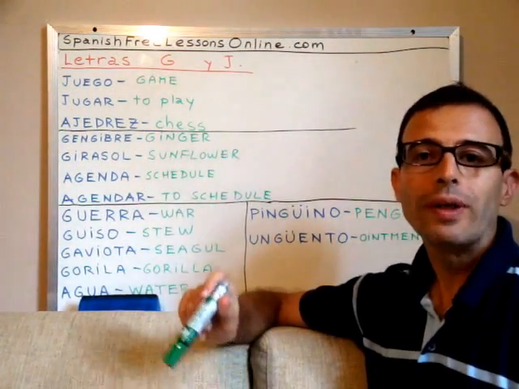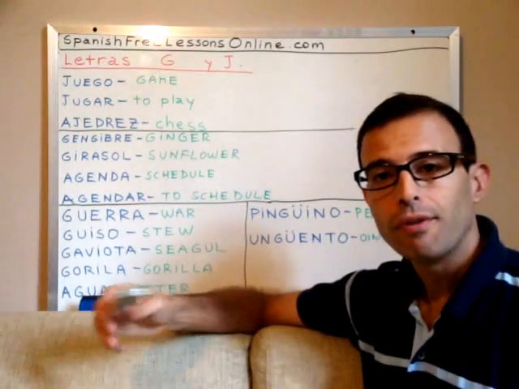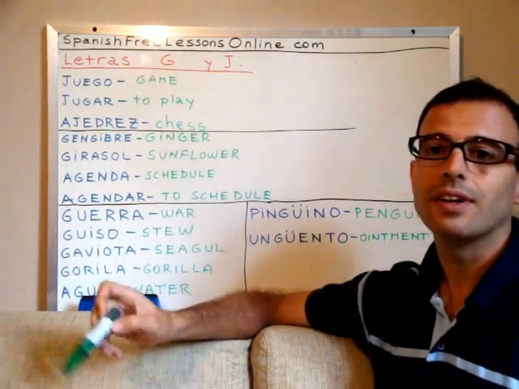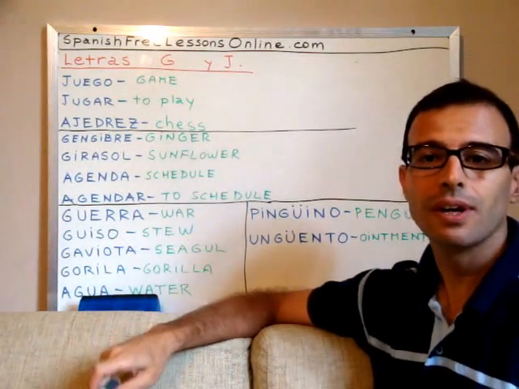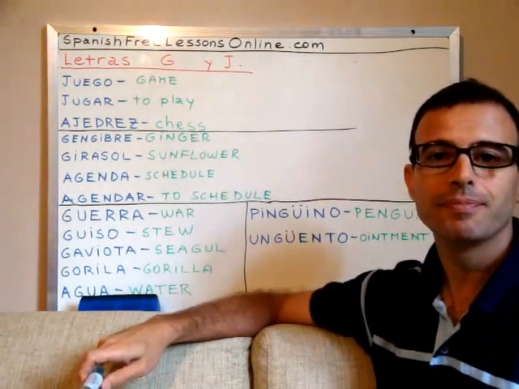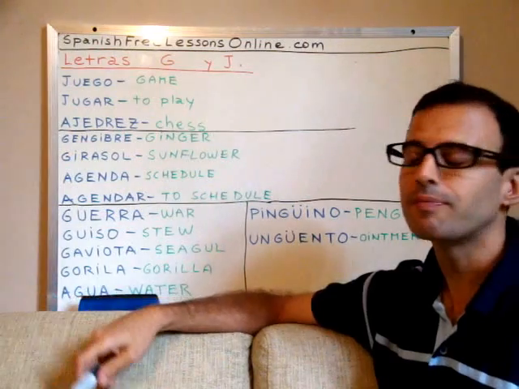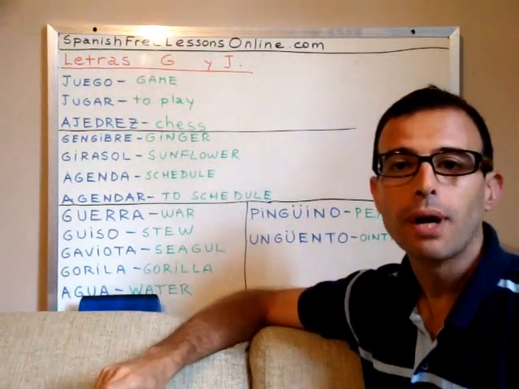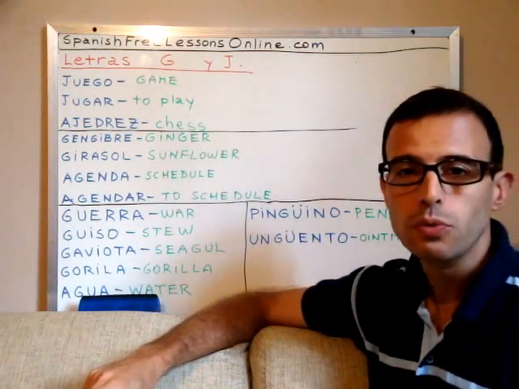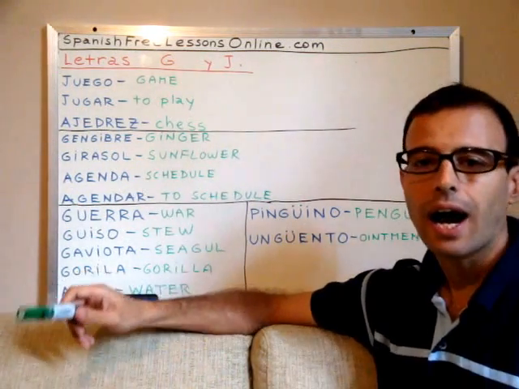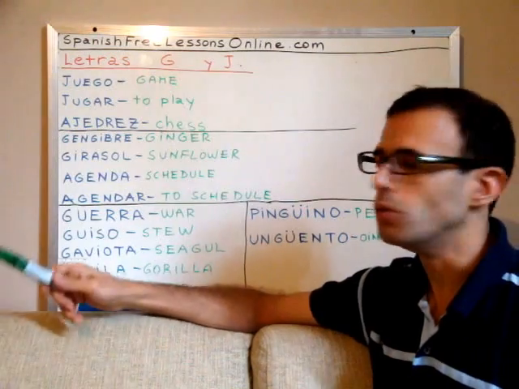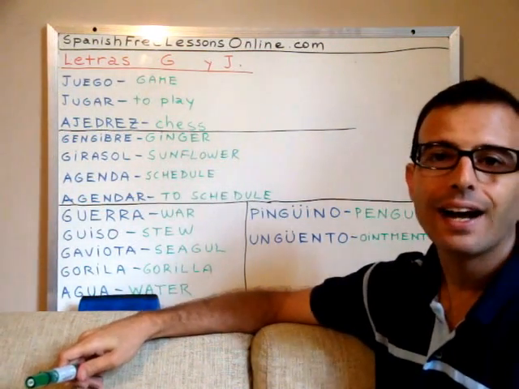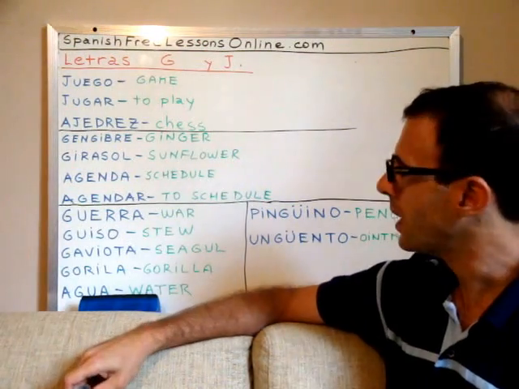When the G is followed by an E or an I, it's the J sound, like in English, J, G. And when the G is followed by O or by U or by A, A, O, U, it is the G sound, like in English. Ga, go, gu. Okay?